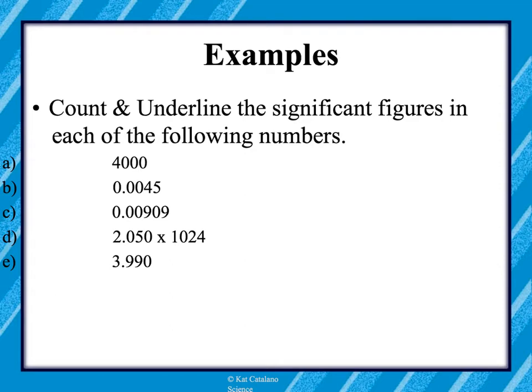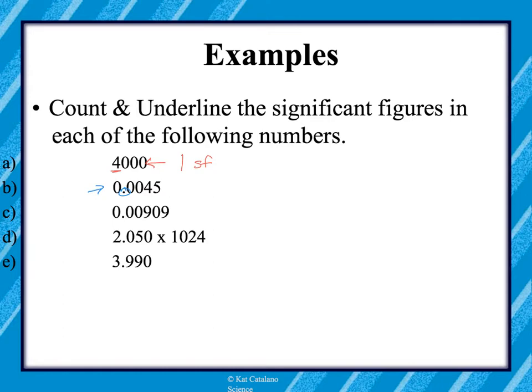Okay, let's take a look at our examples. Starting with this first number, we do not have a decimal, so our decimal, in other words, is absent, which means we're going to start counting on the right side of the number. The first number that is not a 0 is the number 4, which means this has one significant figure. In my second example, I have a decimal, which means I'm going to start from the left side.